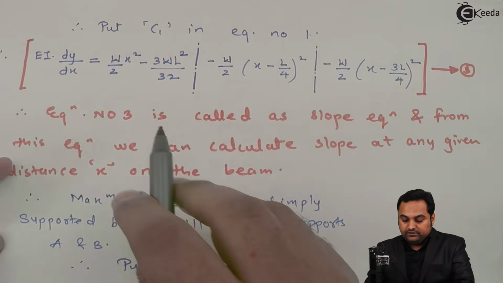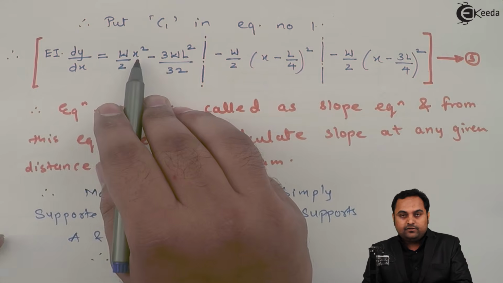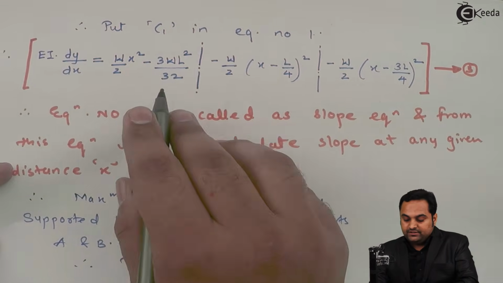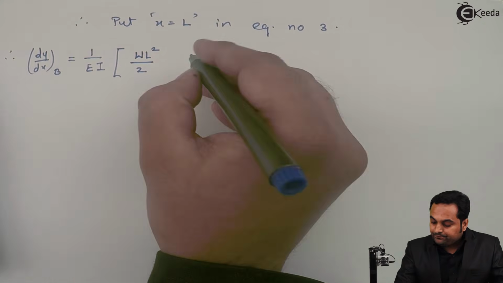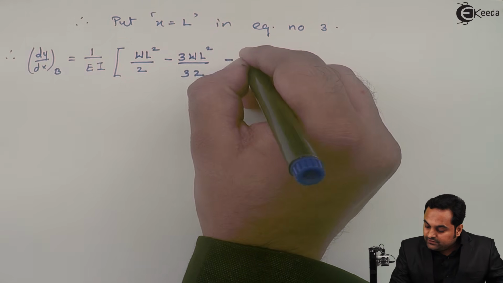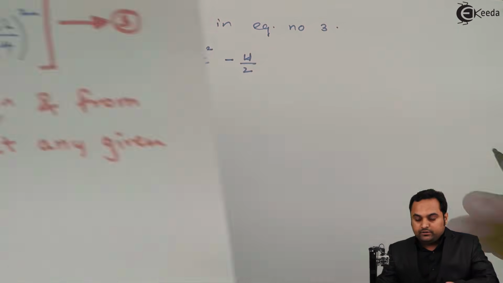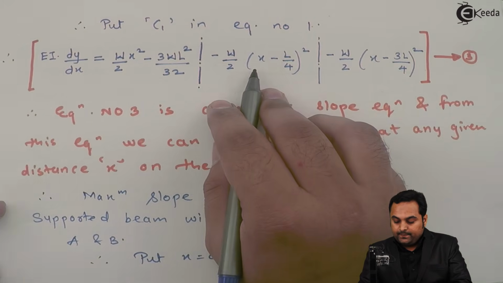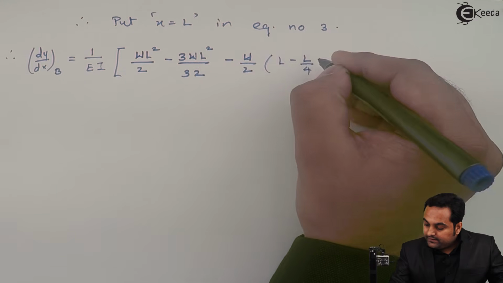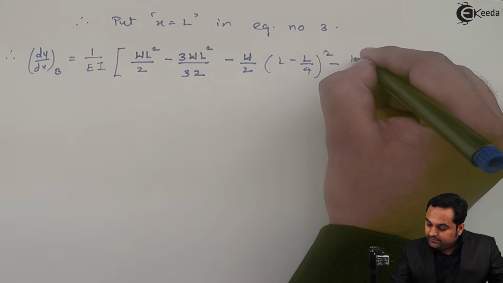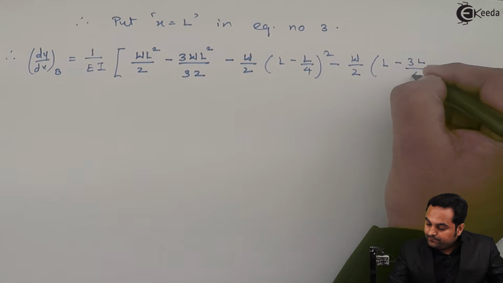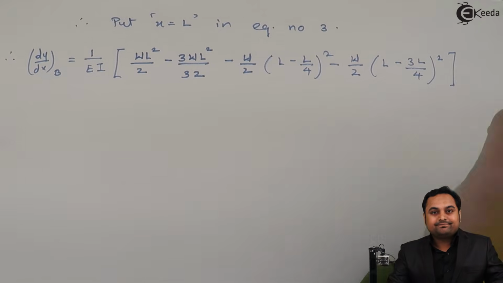Now W, instead of x I'll put L, so WL square by 2 minus 3WL square by 32 minus W by 2. Now here we have L, I'll put this L minus L by 4 square minus W by 2, L minus 3L by 4 square.